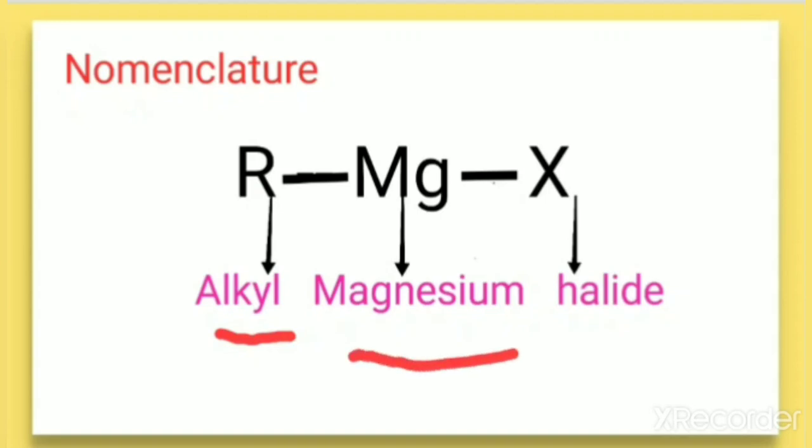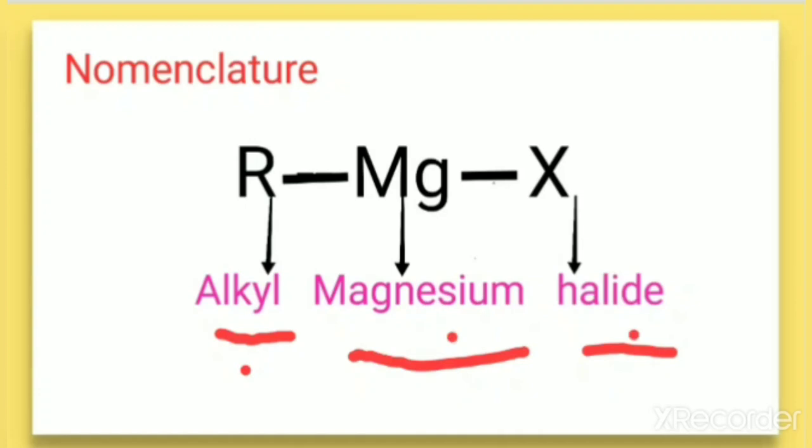Mg represents magnesium and X represents halide. So the name for this general formula of Grignard reagent is alkyl magnesium halide. Look at the structure properly and name it. R is for alkyl, Mg magnesium, X halide.